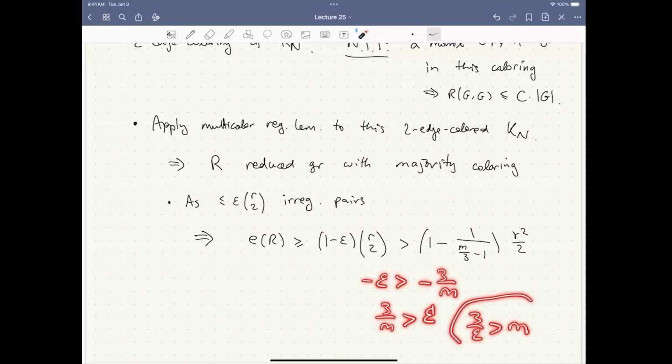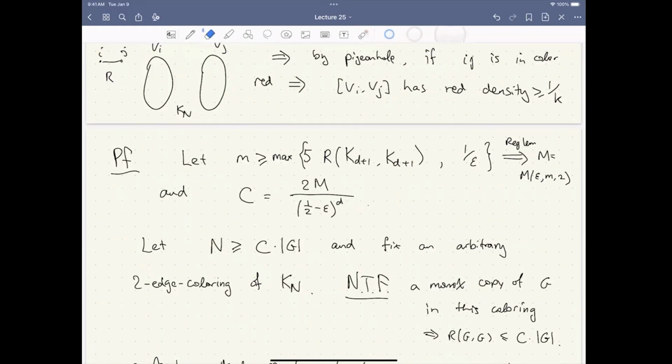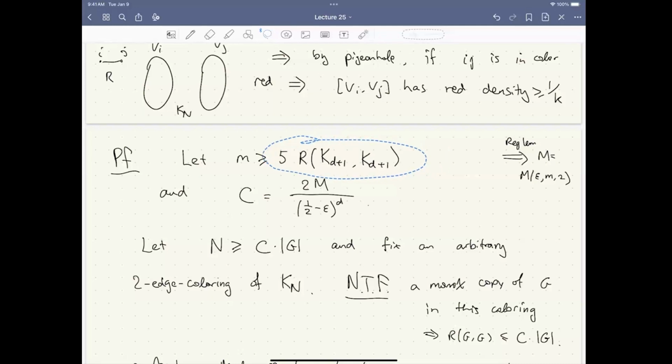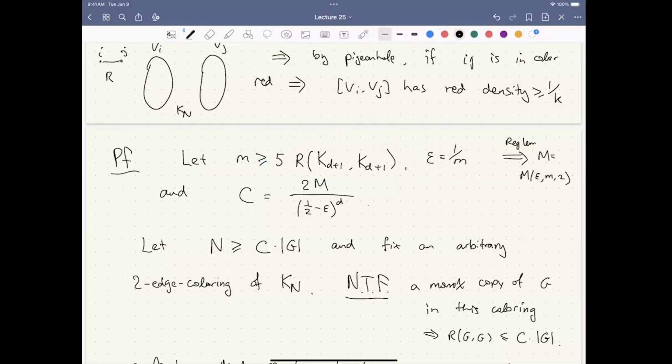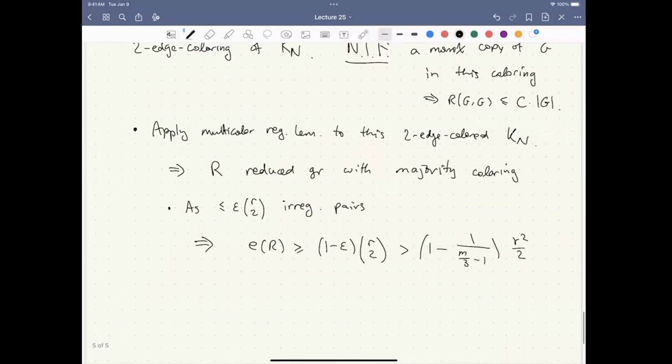So we really want m to be not much bigger than 1 over epsilon. So I was right at the beginning. Sorry. So you really set m to be this Ramsey number. And then you set your epsilon to be 1 over m. In this case, we do have this inequality here.